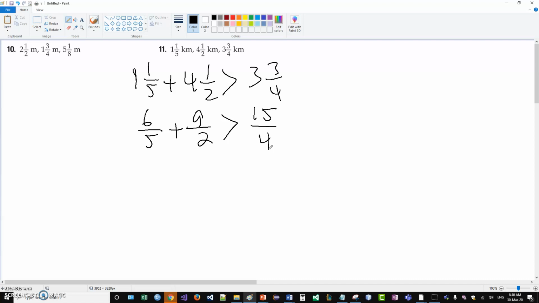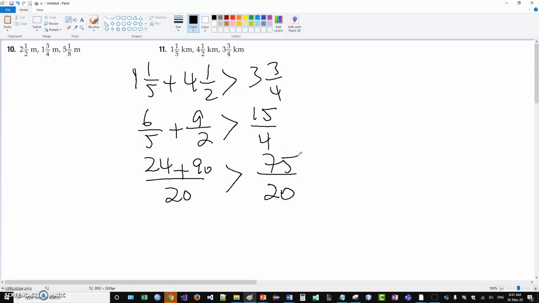Convert everything to the same denominator, which is 20. 20 divided by 5 is 4 times 6, 24, plus 10 times 9 is 90. Is that greater than 75 over 20?